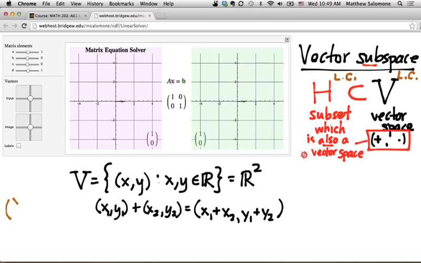So either way we look at it, we know how to add two elements of this vector space together, and we know how to multiply by a scalar. And when I say scalar, I mean a single real number chosen from the set of real numbers. So how do you multiply a vector by a scalar?